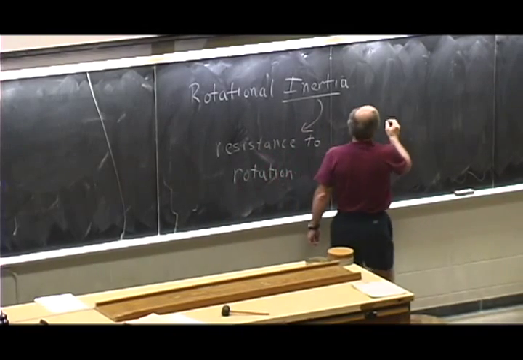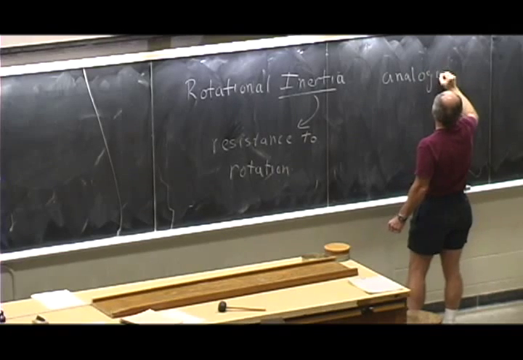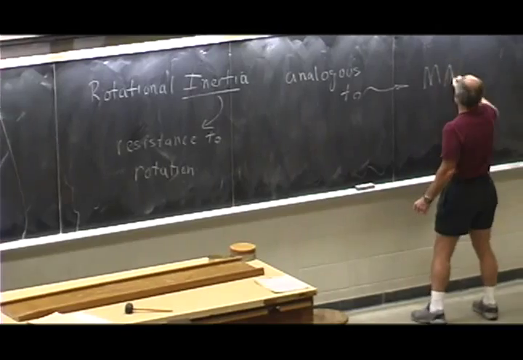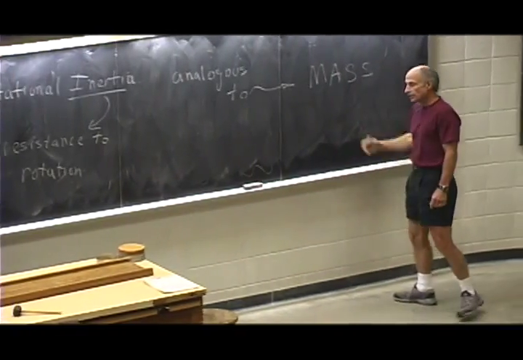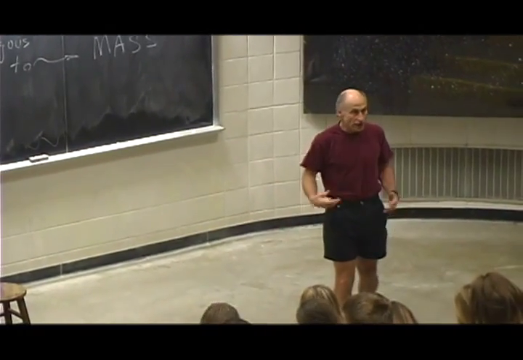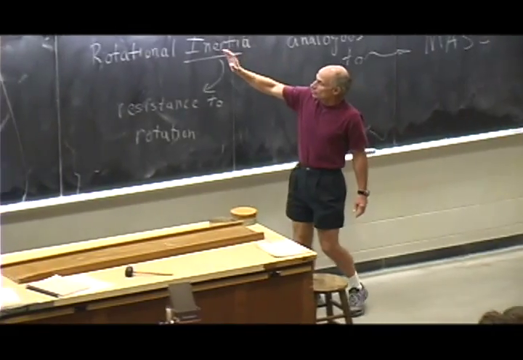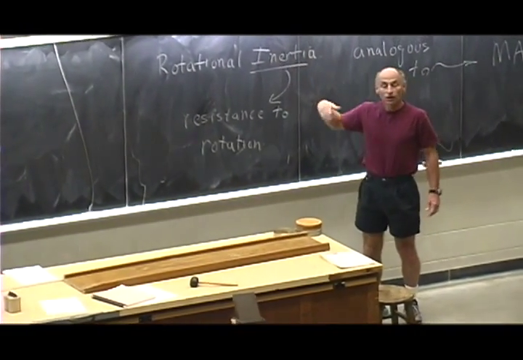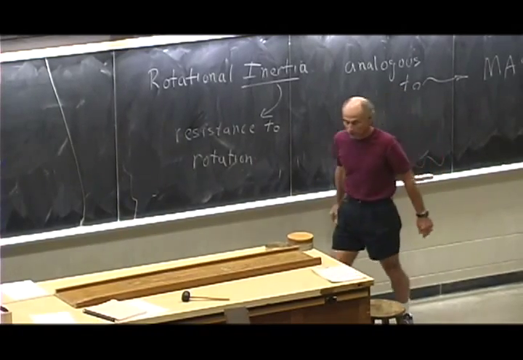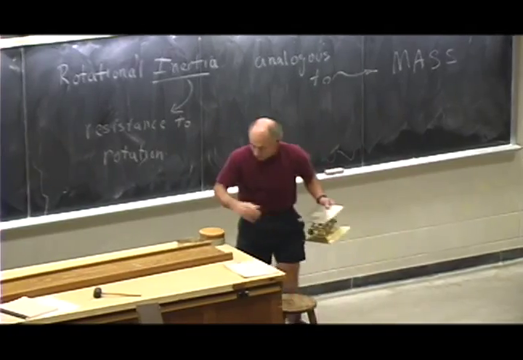Now this is analogous to mass. Right? Mass is a resistance towards motion in general. Right? So massive things are hard to move, whereas things with large rotational inertia are also hard to rotate, to change their rotation. I can demonstrate that yet another way with a race.